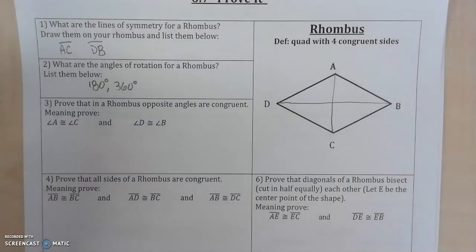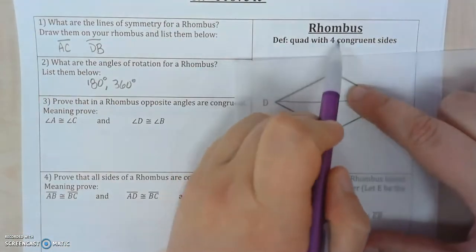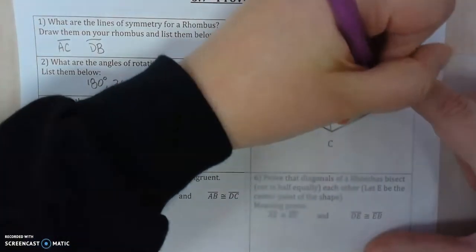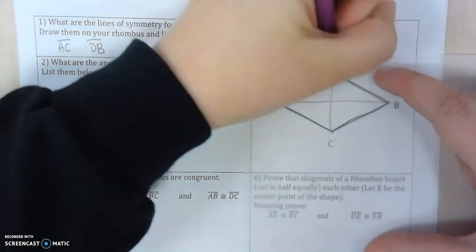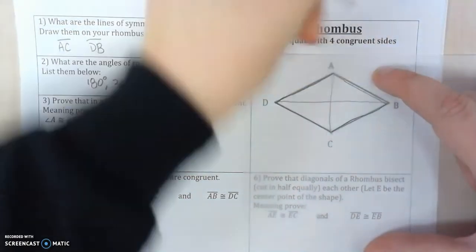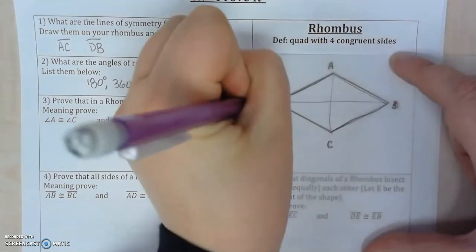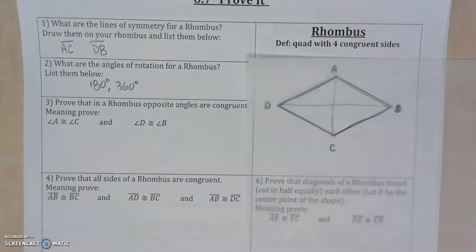Okay, so now what we're going to try and do is prove some different things about the quadrilateral. So a rhombus, by definition, has 4 congruent sides. So if we draw a rhombus here, and I'm even going to label these A, B, C, and D. Okay, so here's our rhombus.